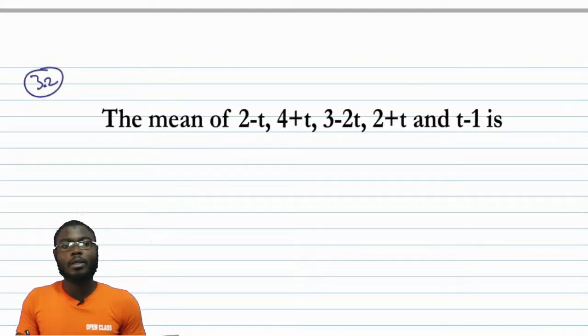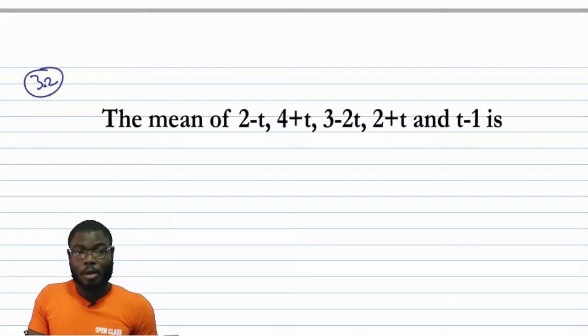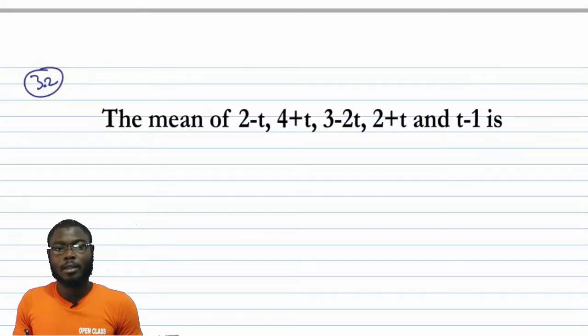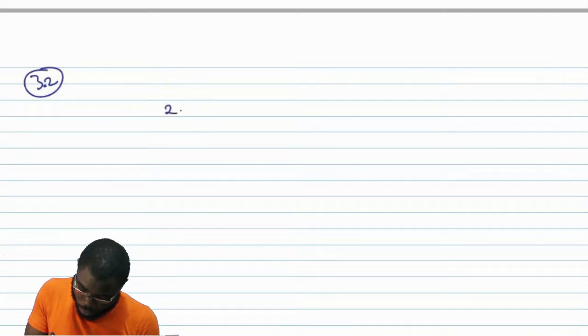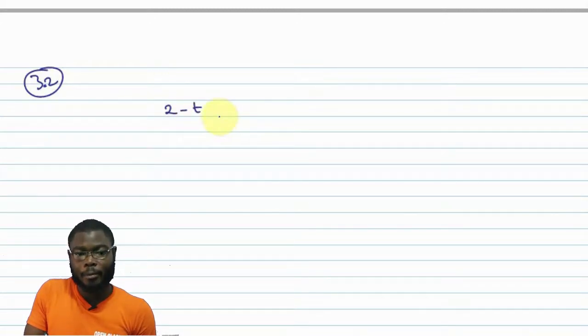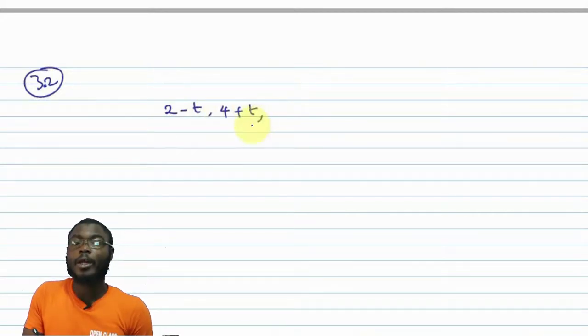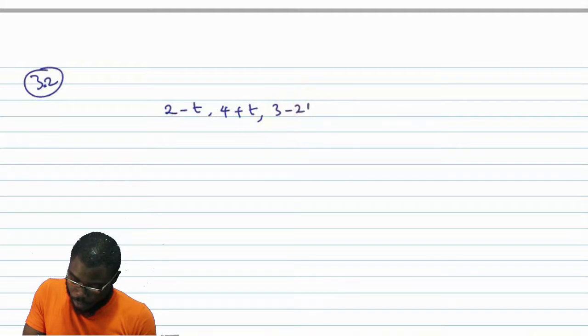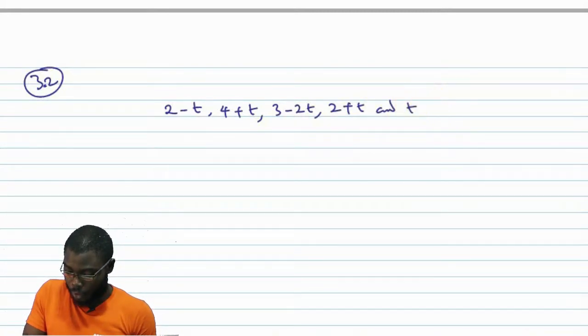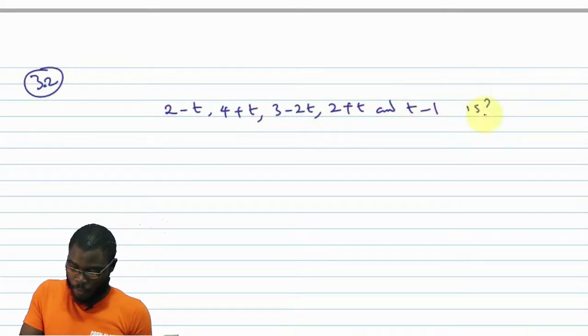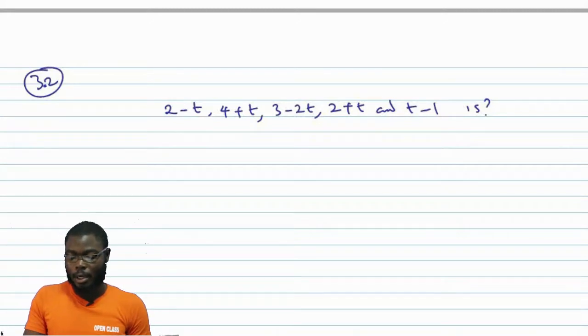Question number 32. The mean of 2 minus t, 4 plus t, 3 minus 2t, 2 plus t, and t minus 1 is what?